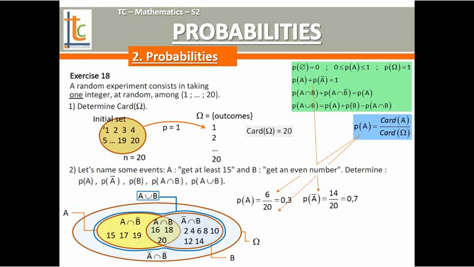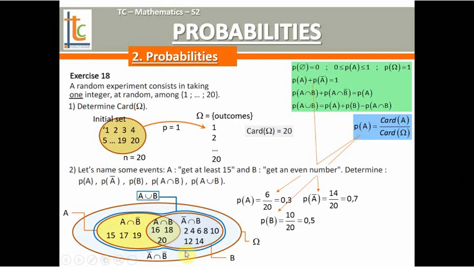Then the probability of B. Well, inside B, you've got 10 elements, so 10 on 20, 0.5. Now, the probability of A into B. There is no formula that helps us to calculate the probability of A into B. You've got relationships between this probability and others, but you don't have a probability of A into B directly with the use of P of A and P of B. It's impossible in the general situation.